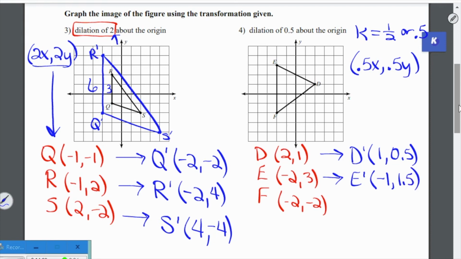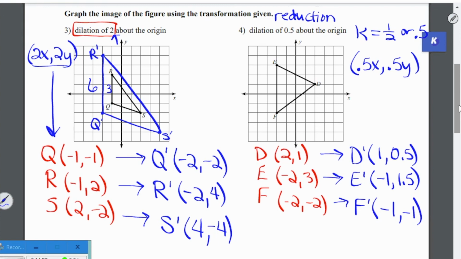You can put that in the calculator, and it'll give you that decimal. And then F prime is going to be -1, -1. So let's graph this and see what it looks like, because this one should be a reduction. The shape should get smaller.